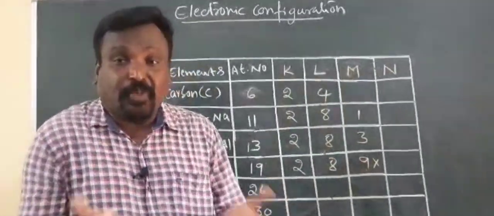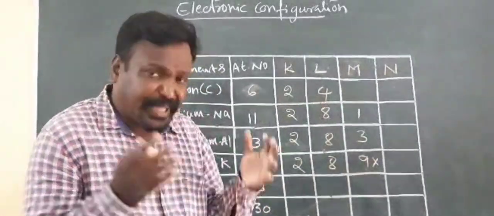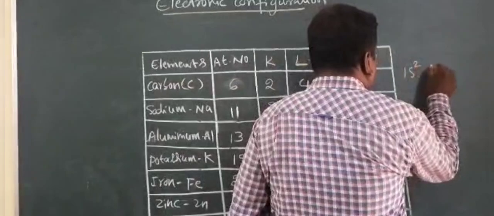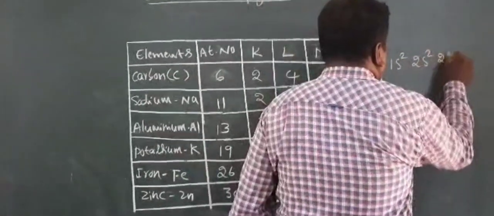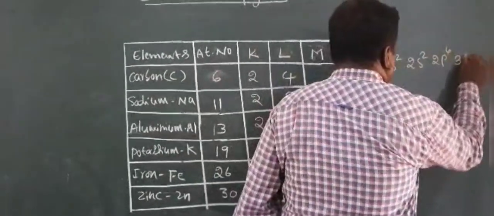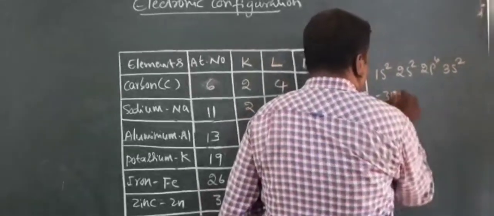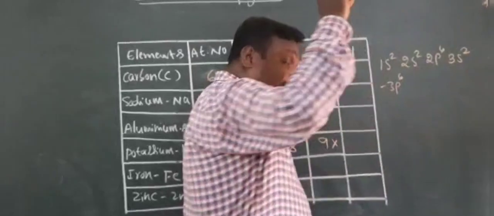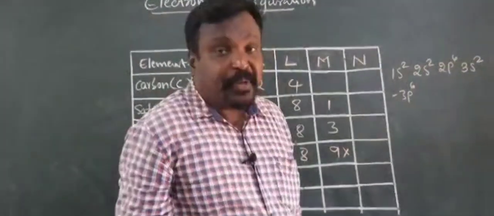So, never will the M shell get 9 electrons. Why, sir? Why is it so? Now, let us try to write the electronic configuration in detail. It is 1s2, 2s2, 2p6, 3s2, 3p6. Now, we should follow the above principle.